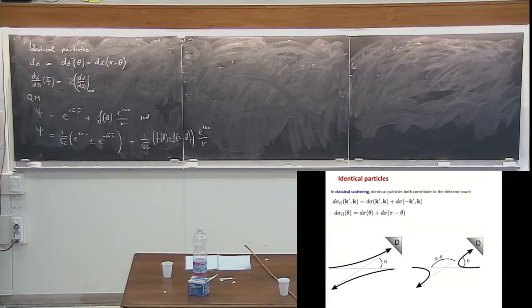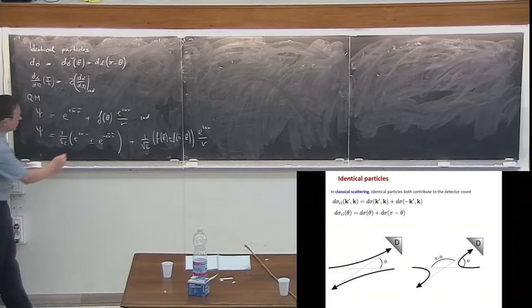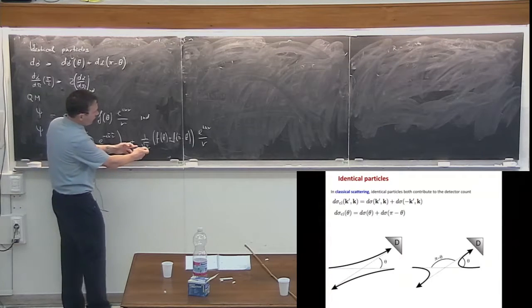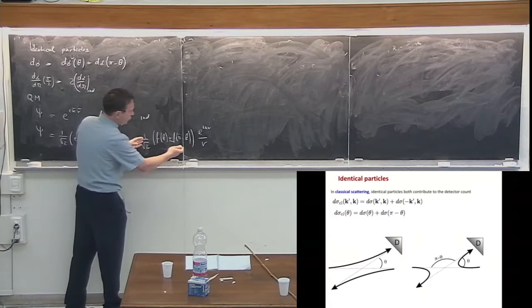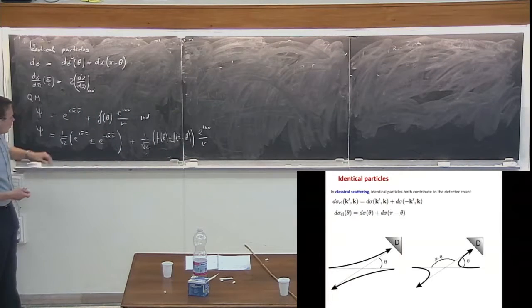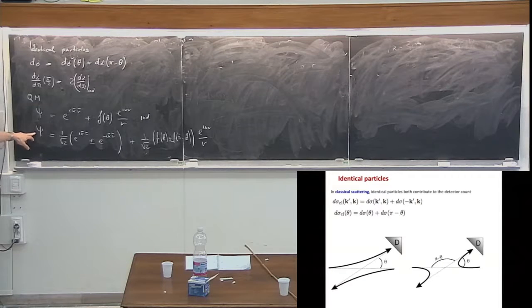Then your initial flux is 1 over the square root of 2 times the incoming wave, and in the outgoing wave, you have 1 over the square root of 2 and this combination. Repeating exactly the same steps as we have done yesterday and the day before yesterday, we can now obtain the scattering cross-section.